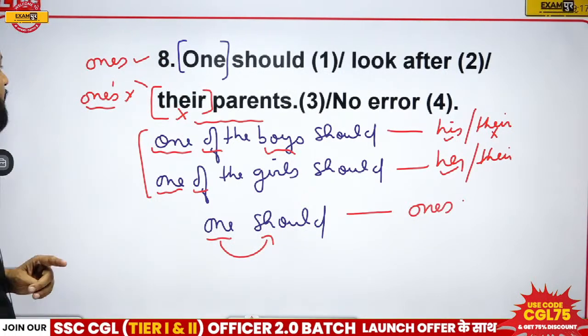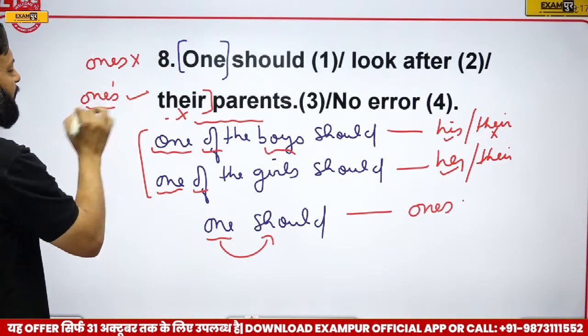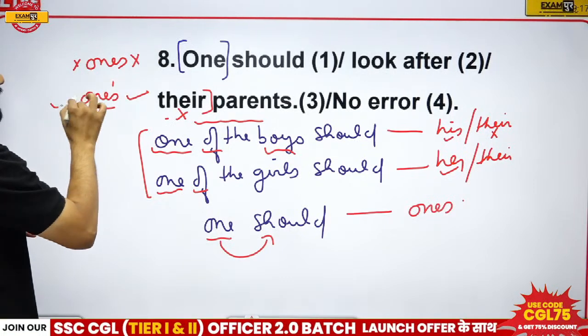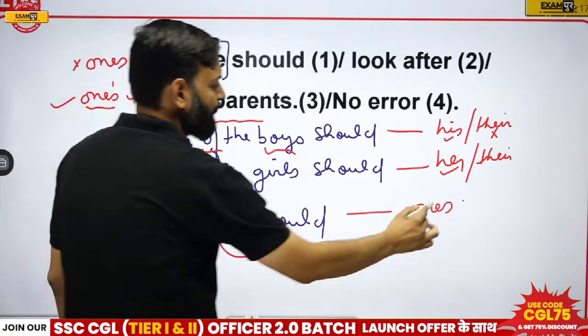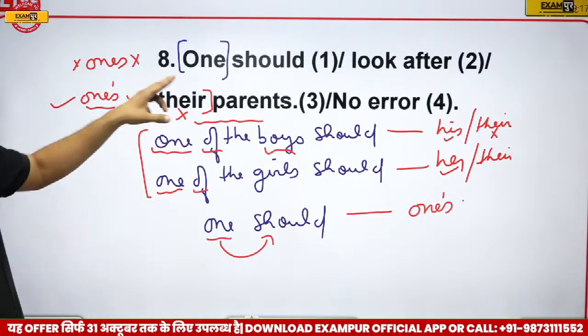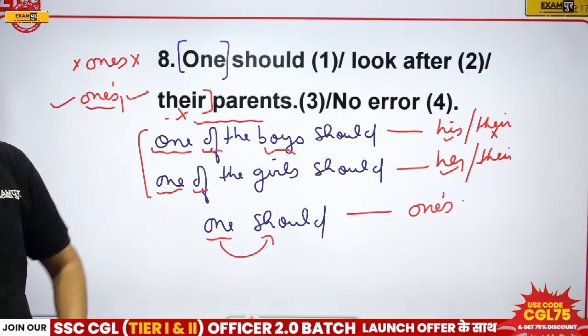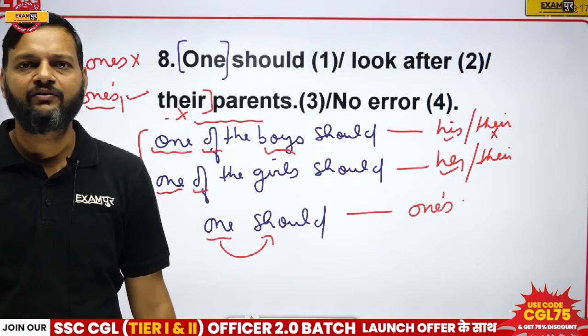Okay, sorry, possessive of one is this one with apostrophe. I'm very sorry, this one, one's. Okay, with the apostrophe, right? So possessive of one is one's with apostrophe. Without apostrophe you cannot use it as possessive, right?